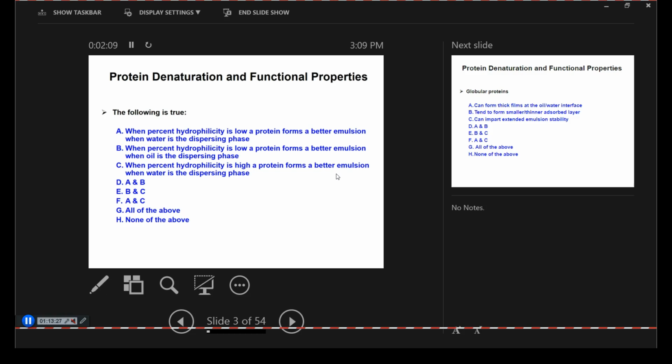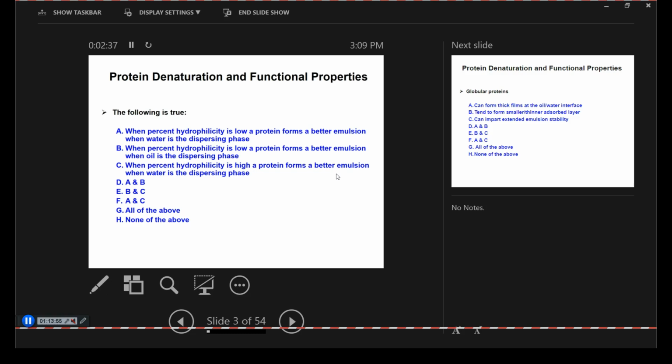Maybe if I can demonstrate. So this is your emulsion, and let's say water is the dispersing phase, and you have your oil droplet. So what's forming at the interface here, the film, is your protein. So most of the protein surface area is exposed to water.